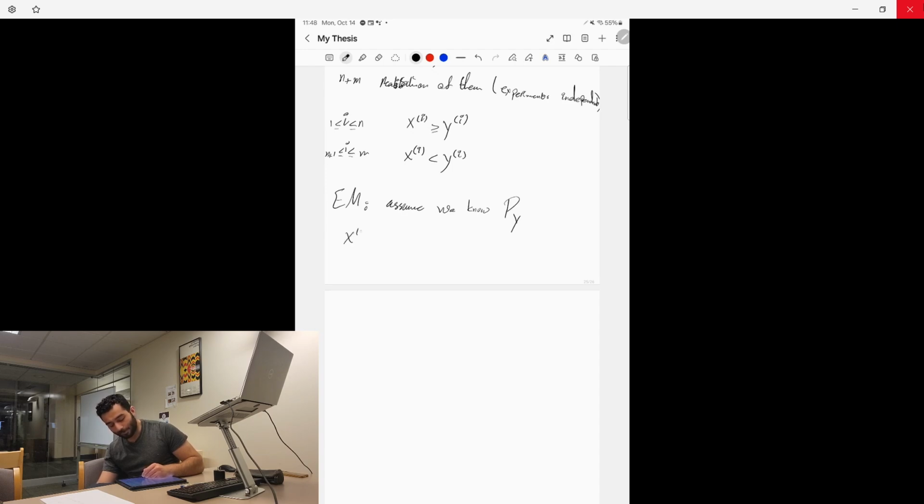We know that x_i is greater than y_i, which is a number. The probability of x_i greater than y_i is p_y of x_i. These are realization numbers.